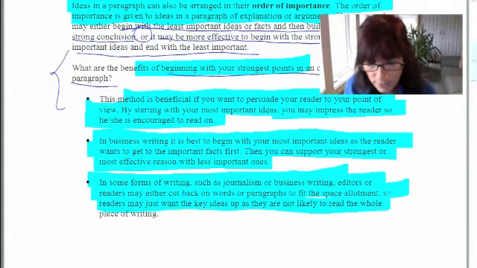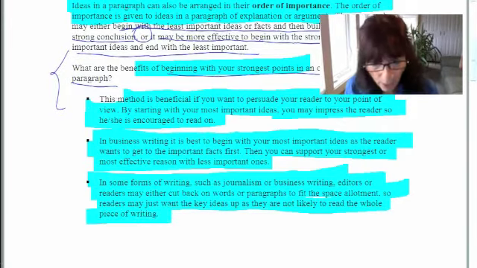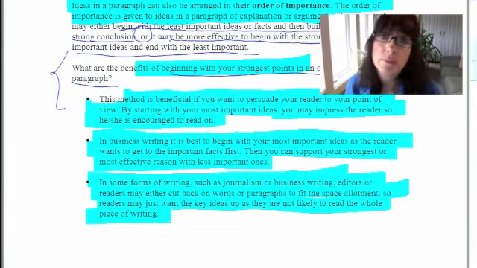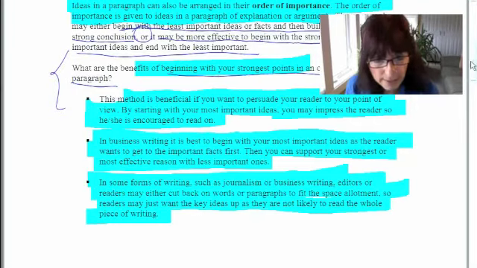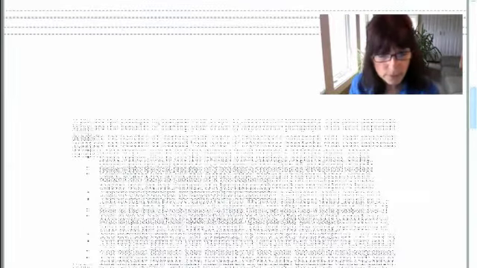So readers may just want the key ideas right up front, as they are likely to not read the entire piece of writing. So an author or a journalist might want to get the key points out quickly so that the reader might just peruse it fast and see at the very beginning of the article that key point. So those are points in favor of beginning with your strongest ideas and then going to the weaker ones.